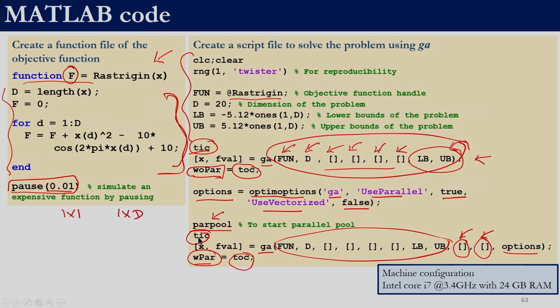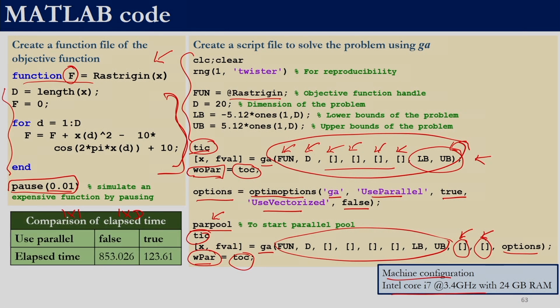When we executed this on a machine of this configuration, this was the time difference that we could observe. With parallel computing, it required 123.61 seconds, and without parallel computing, it required 853.02 seconds, right. In this case, if you want to have the same result from this solution procedure and this solution procedure, you can again fix the seed to 1.